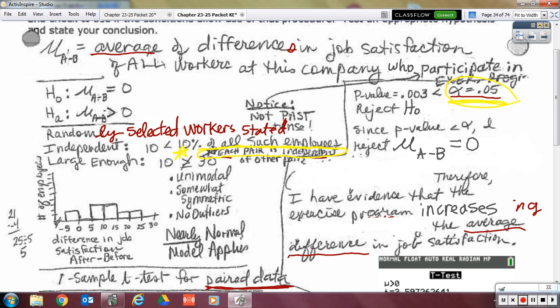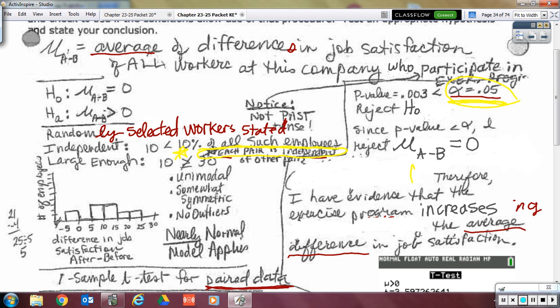So here's how we're going to say that. Since the p-value is less than alpha, I reject, and so I write down the symbols for the rejecting: mu of A minus B equals 0. Okay? Now your second sentence is about HA.